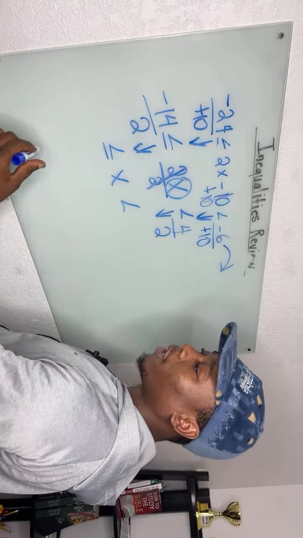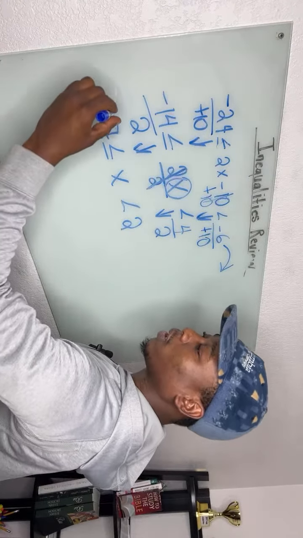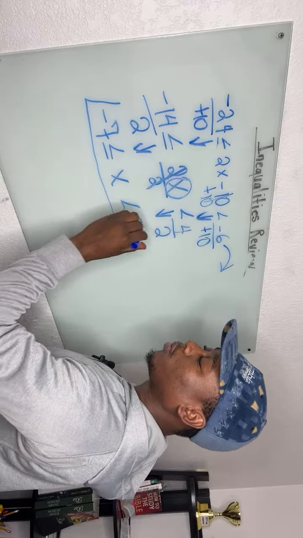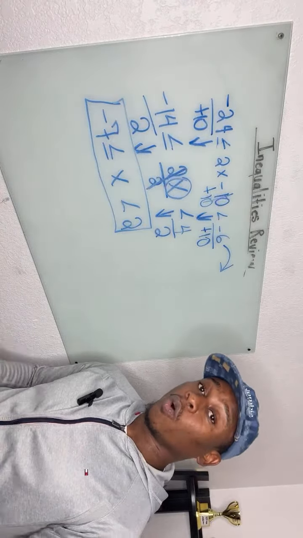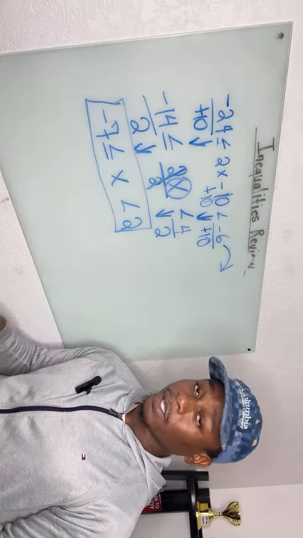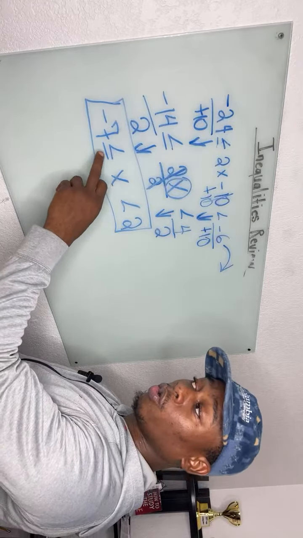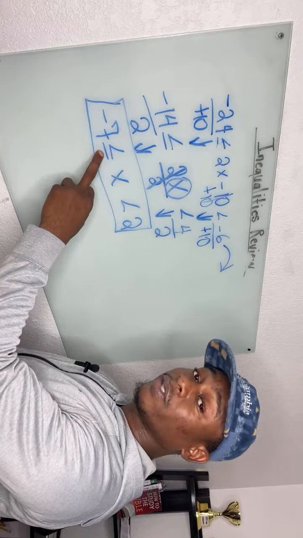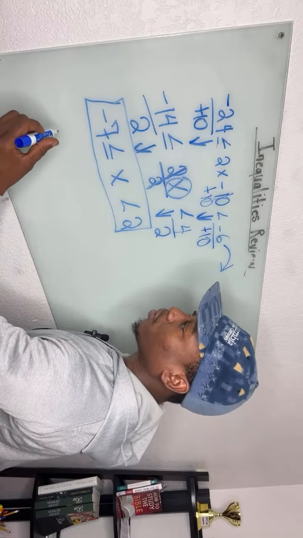Negative 14 divided by 2 is negative 7. 4 divided by 2 is 2. So how do we read this inequality? What this is saying is that our answer, x, is greater than or equal to negative 7 and less than 2. So let's graph this real quick.